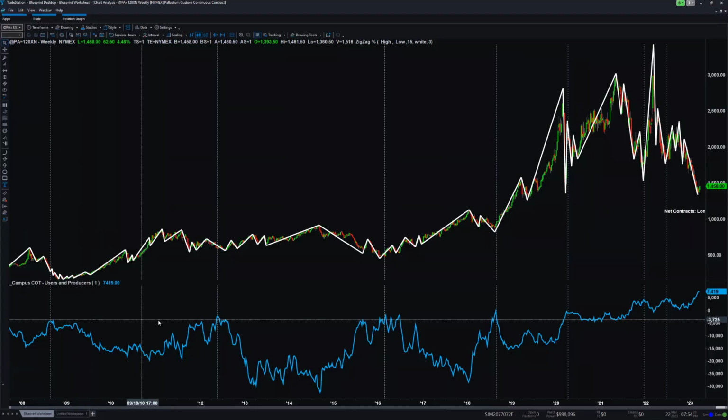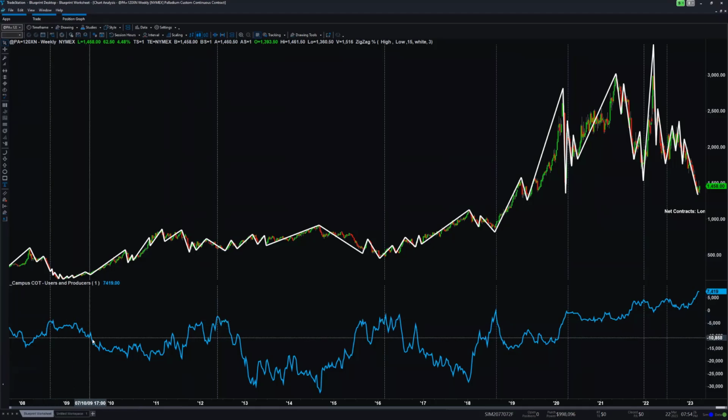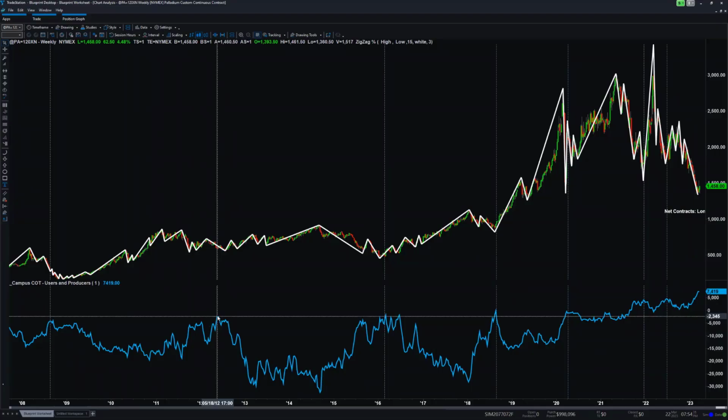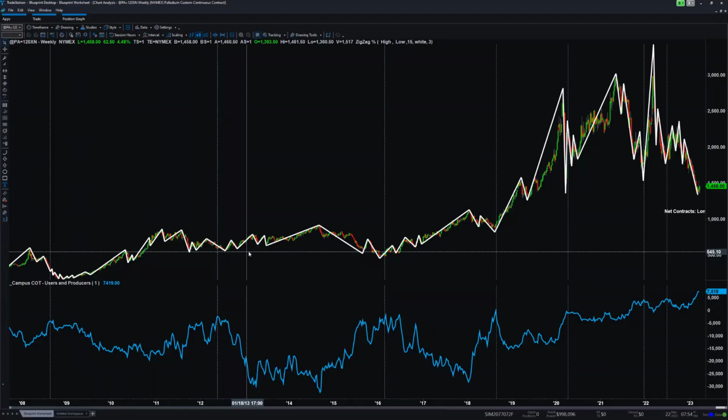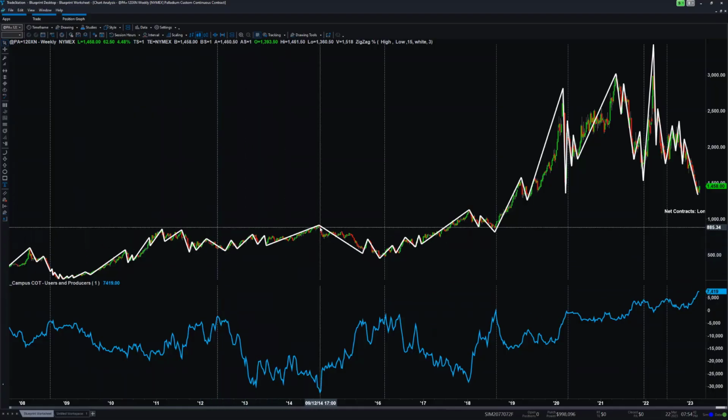Then again, the commercials went to the same anchor point. This is the anchor point at this time. And then again, we could say, well, this is pretty high in terms of their accumulation. Then they get up there again. And then what we know is, if they're up there again, very likely this will lead to a multi-year bull market.